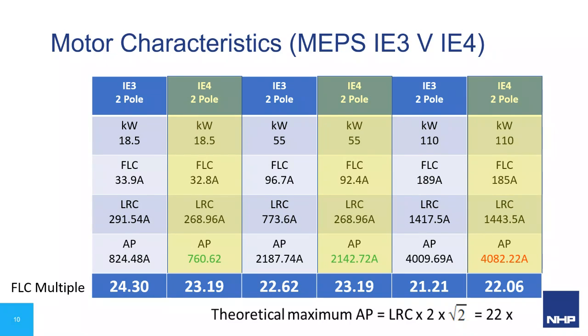This gives a theoretical maximum inrush peak of 22 times full load current. The figures in the bottom row show the multiples of full load current on these peak figures. The multiple of full load current to locked rotor will have a bearing on what the resultant peak number will be, up to the theoretical maximum peak.